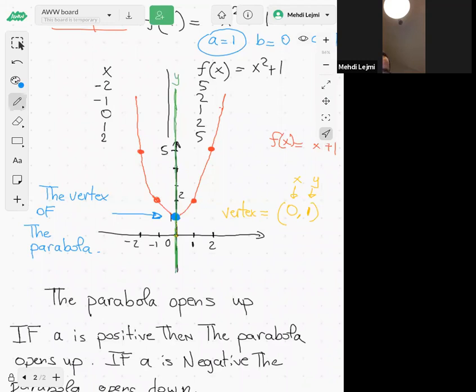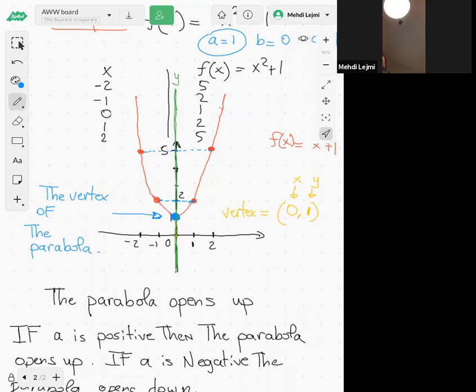This point here and this point have the same distance from the y-axis, and this one here has the same distance from the y-axis as this point here. So the y-axis is like a mirror between the two parts of the parabola.